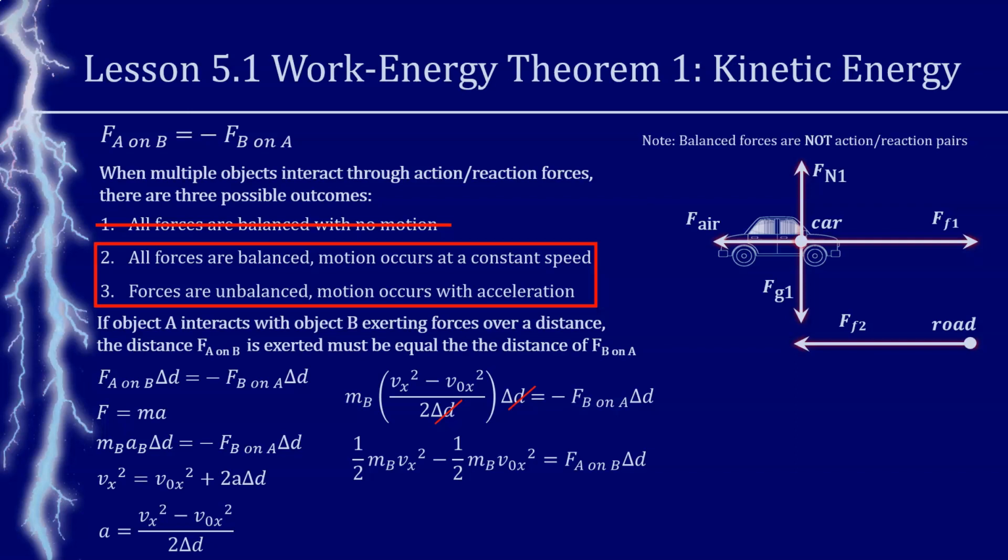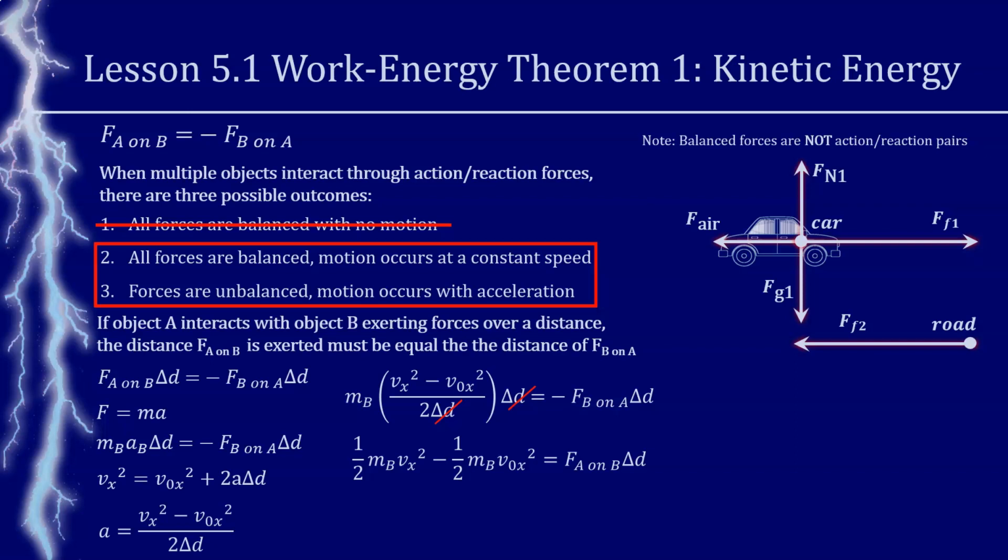Okay, so take a moment, make sure that there's no hanky-panky going on here, that this all looks correct. And then what I'm going to do is add the negative, see that negative 1/2 m_B v_Bx squared term in the middle there? I'm just going to add that quantity to both sides so that everything is positive. Then I'm just going to flip the equation around so that what's on the right-hand side of the equal sign is on the left and what's on the left is on the right.